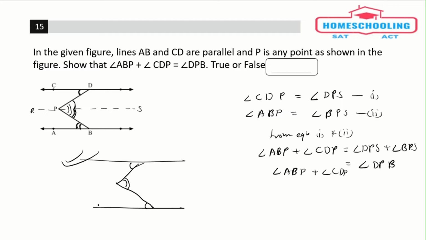If a figure like this is given, then the sum of these two angles would be equal to this angle. This is an important thing. So this would be true. Now moving to the next question.